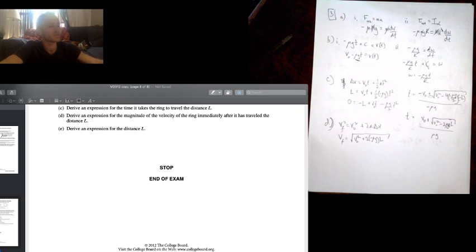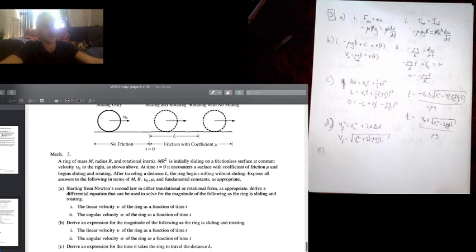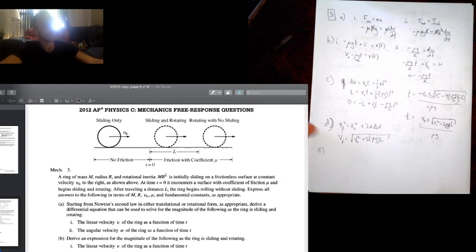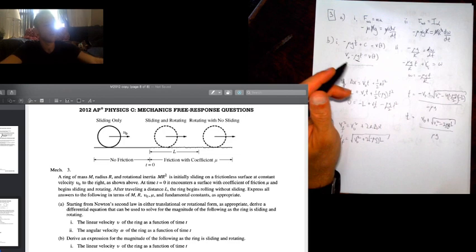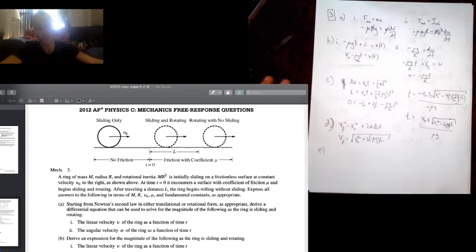E says derive an expression for the distance L. So basically what's going to happen is you can see that because it's sliding, it's actually slipping, V is not equal to omega r.